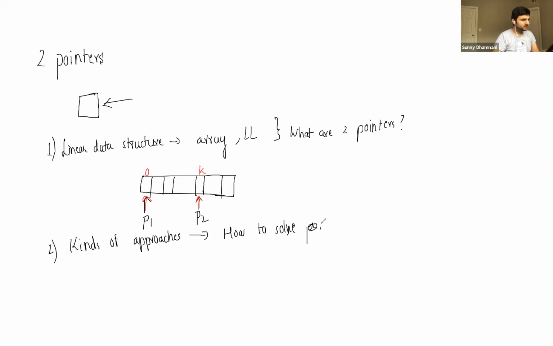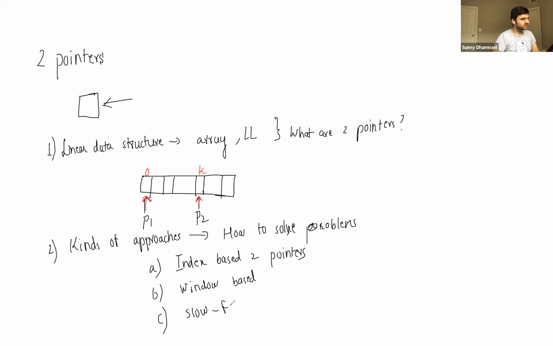This will be 3 approaches: A, B, and C. The first one will be index-based 2 pointers. The second one would be window-based. And the third one will be slow-fast. We'll talk about each of these in detail. I intend to cover the first one today and B and C tomorrow.